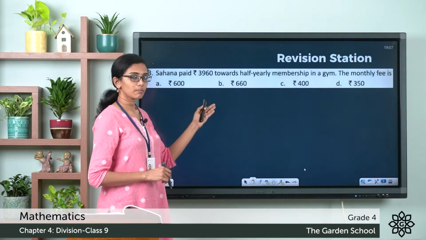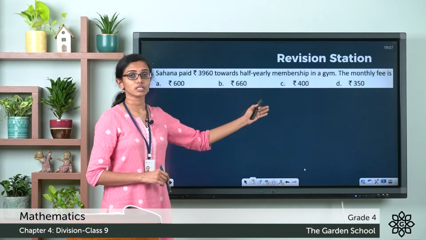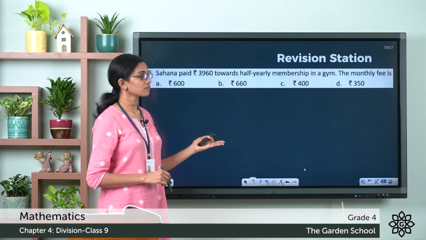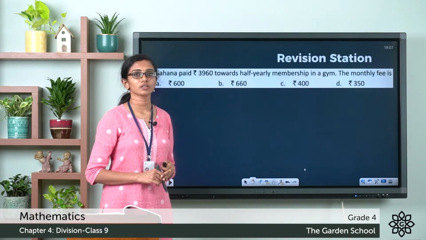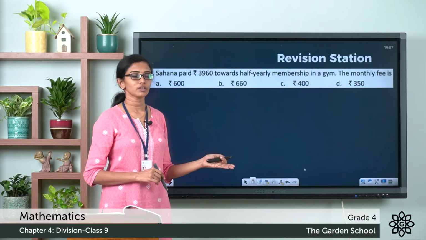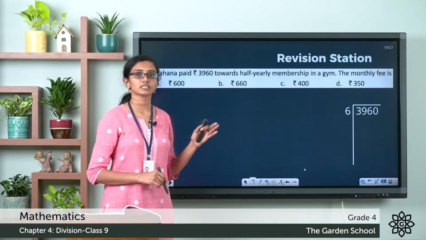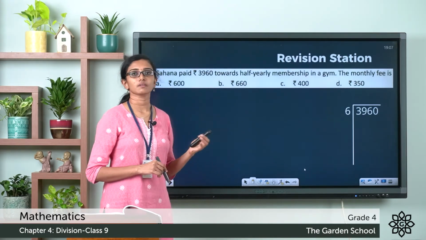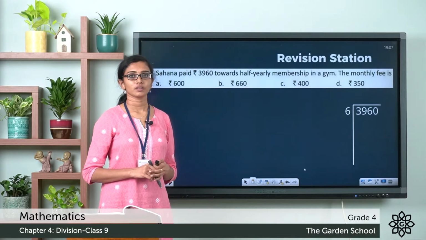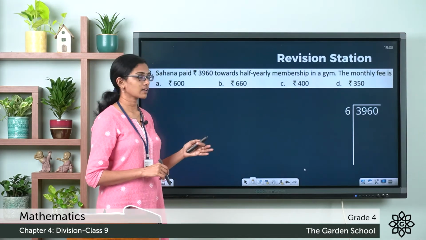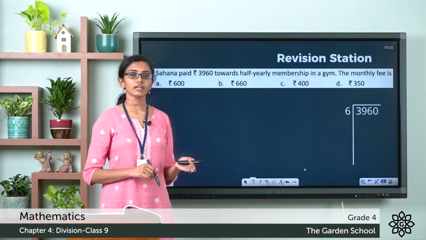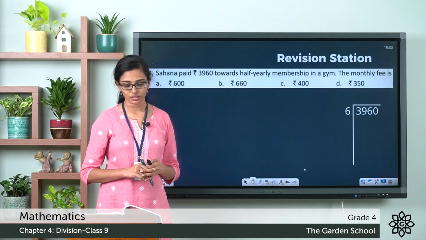We know the amount she paid, and we know it was for 6 months. Then how do we find out the monthly fee? The monthly fee will be equal to the amount she paid divided by 6, that is 3960 divided by 6. You can work out the calculation in the working column and choose the right option to this question.